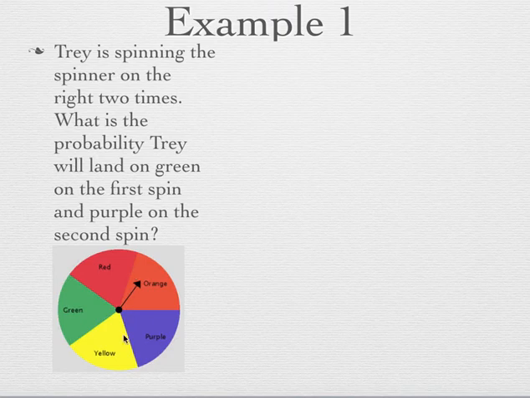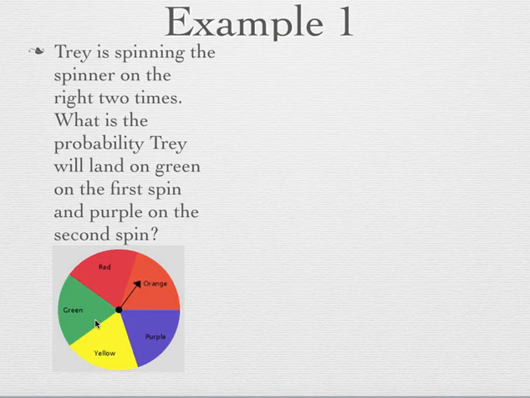Why? Because if you spin the spinner the second time around, the number of possibilities for each color will not change. There will still be 5 different colors, no matter how many times you spin the same spinner. So these are independent events.